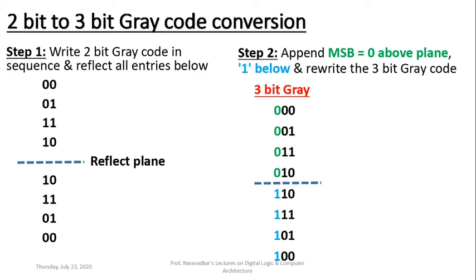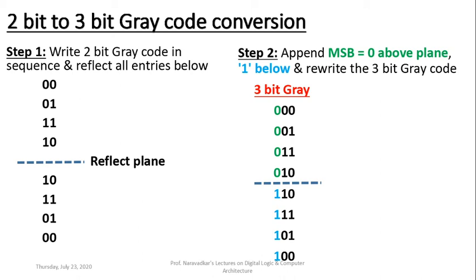So that way we are getting a 3 bit gray code, and this 3 bit gray code pertains to decimal 0 1 2 3 4 5 6 7 from top to bottom. It means that decimal 7 has got its gray code value equal to 100.